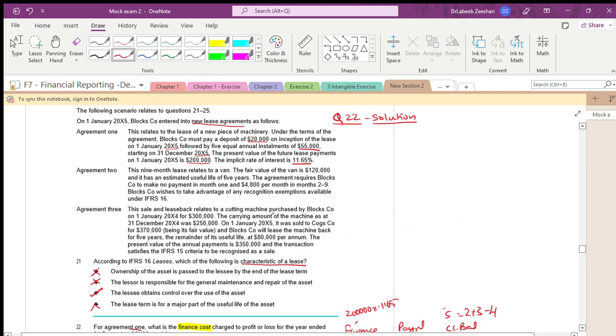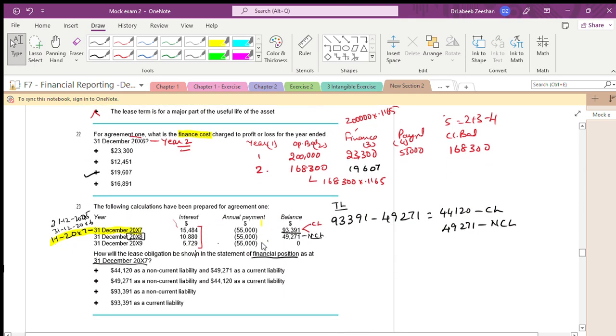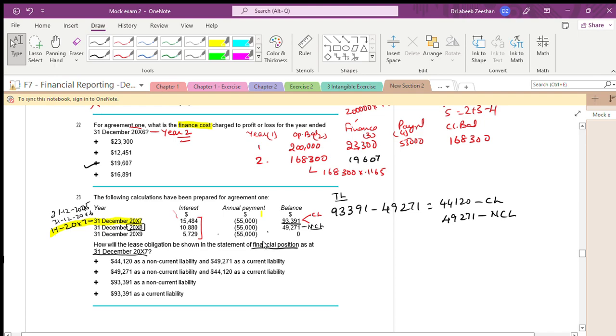Starting with the present value, the paid deposit at inception of the lease, followed by 5 equal installments on the present value of the lease payments. Fine, they have not mentioned anything. This is the total amount. From this total, we deduct the amount to be paid next year. That is going to be the non-current liability for this year. And this year's current liability is 49,271.